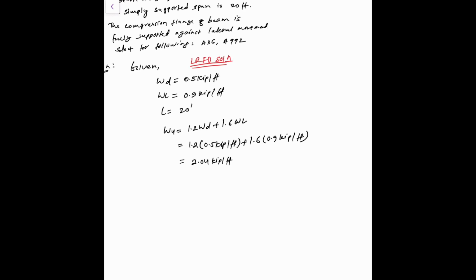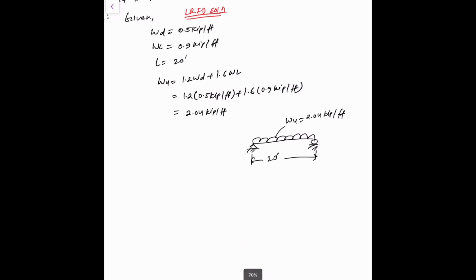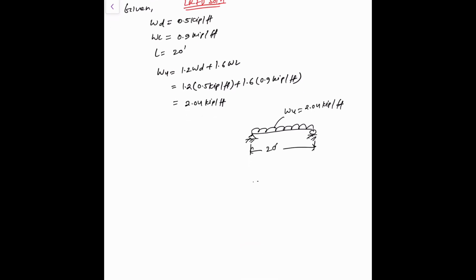Now let's calculate the ultimate moment. We know that this is a simply supported beam. Let's draw the beam before we calculate the moment. This is a hinge and a roller on the other end, with ultimate load of 2.04 kip per foot, and the span of the beam is 20 feet.